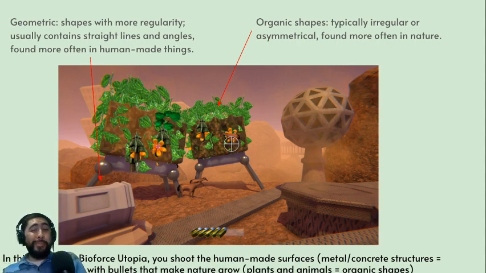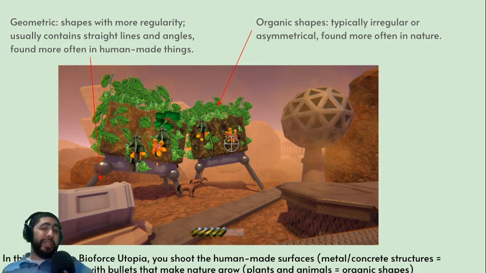I wouldn't say boring, but sometimes boring. Whereas organic shapes are generally more free flowing and, oh, what's the word? Not unpredictable, but less predictable because they're not necessarily regular.